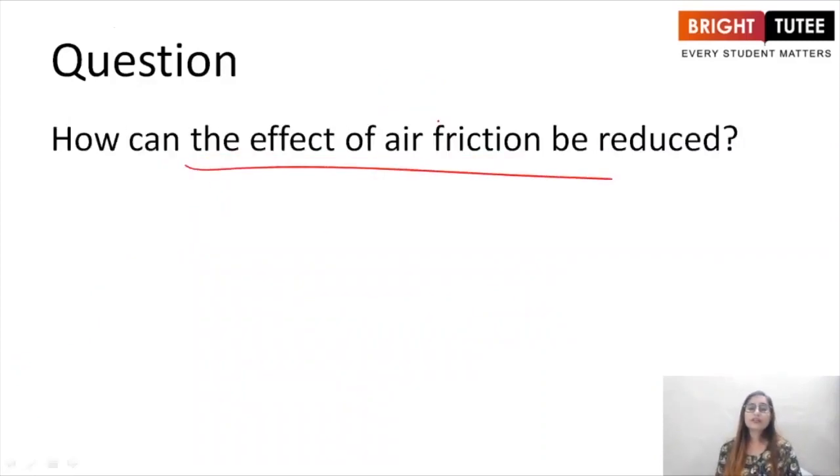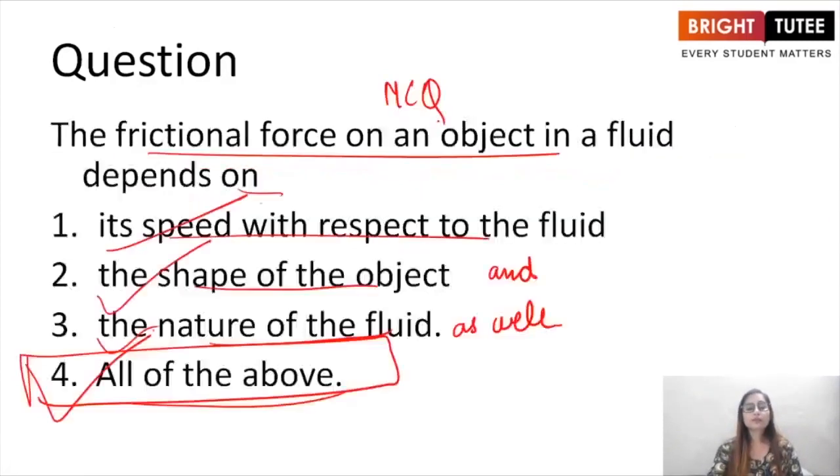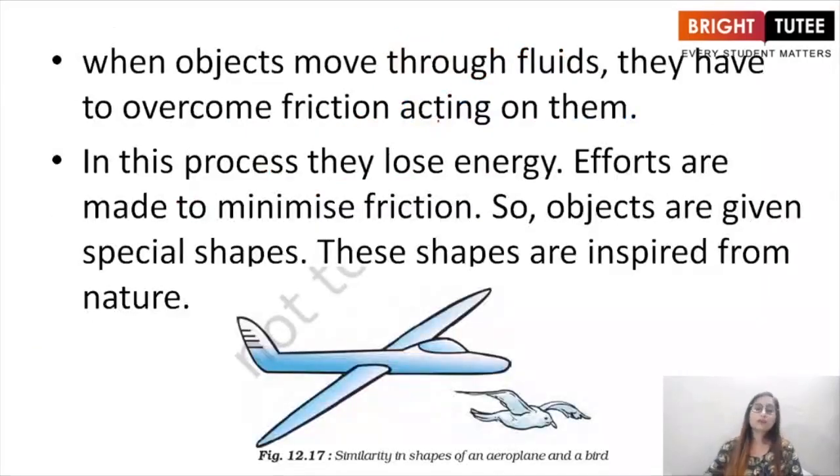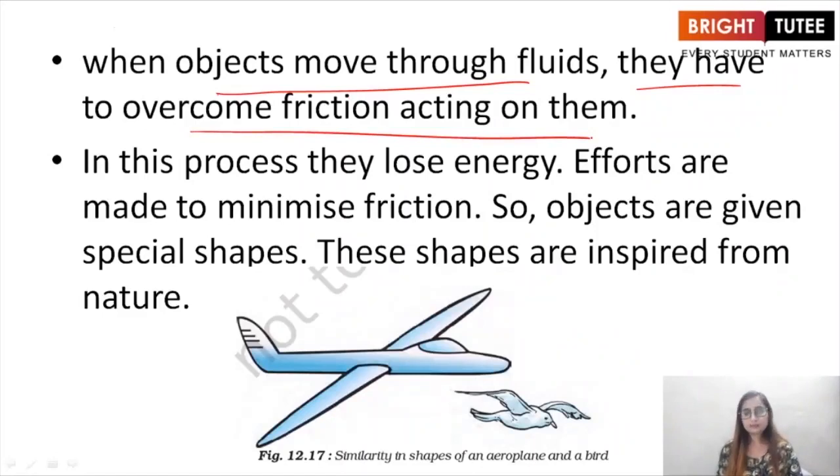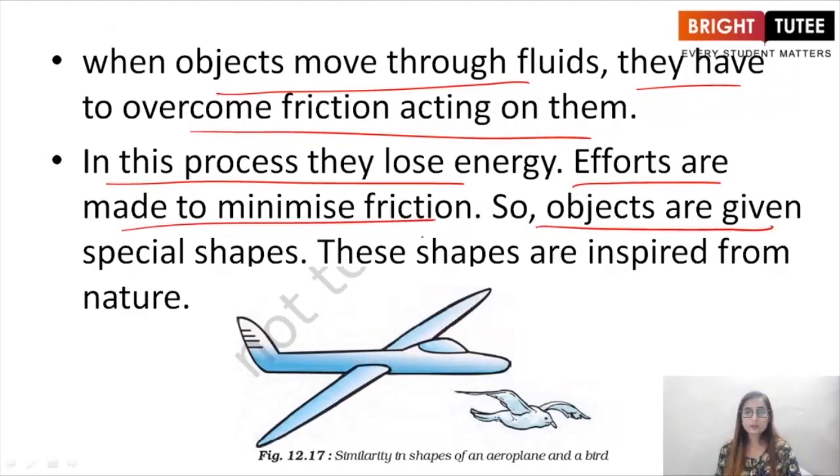How can the effect of air friction be reduced? So here is the process. Basically, when objects move through fluids, they have to overcome friction acting upon them, obviously. In this process, they lose energy. Efforts are made to minimize friction, so objects are given special shapes. These shapes are inspired from nature.